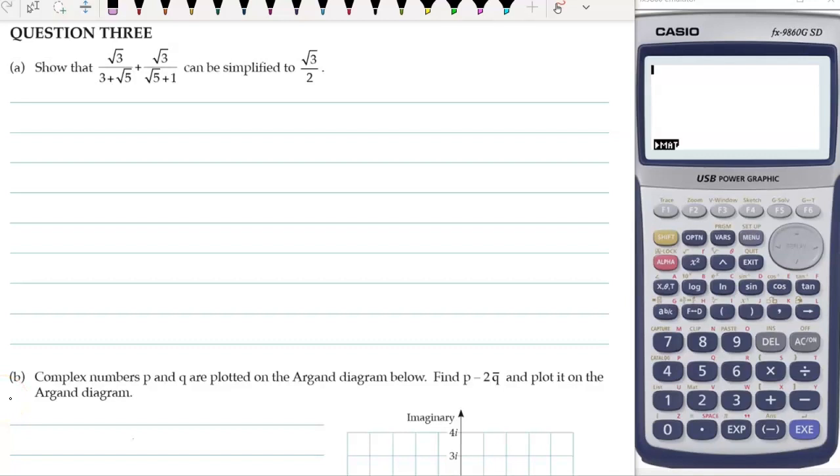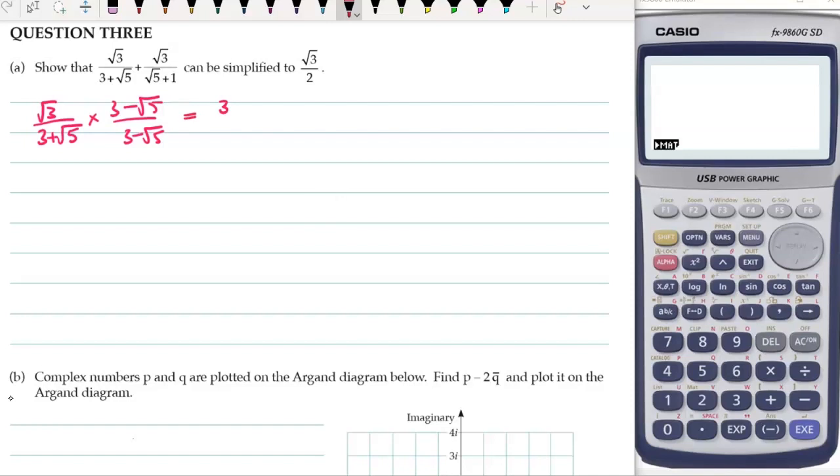Okay, so let's start with trying to rationalize the denominator of each of those fractions that we are adding together there. That'll make the addition a little easier. So if we do root 3 over 3 plus root 5 times by 3 minus root 5 over 3 minus root 5, just tidy that up just a little, here we go.